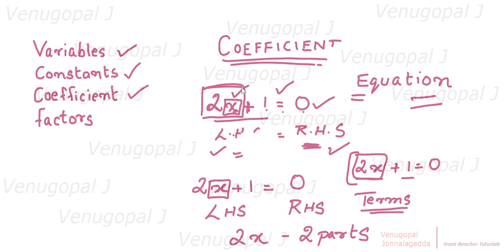So this single thing is a term, and in this equation we have 2x plus 1 and 1 as different terms. In this term 2x, you have two parts in it. I'll tell you what those parts are. Just a minute. Let me clear this out now.